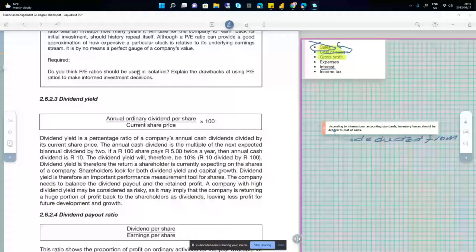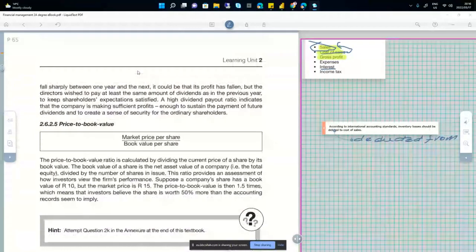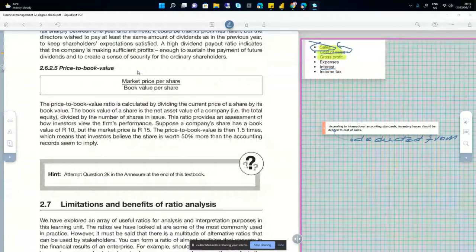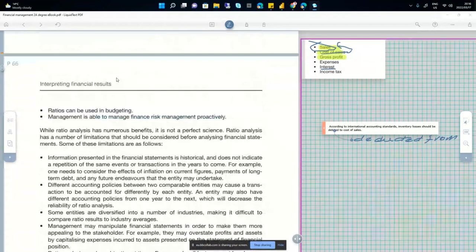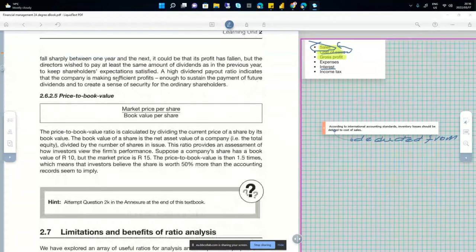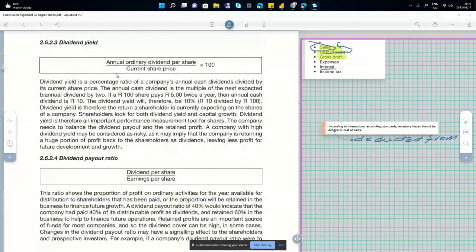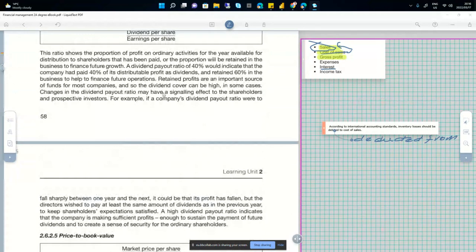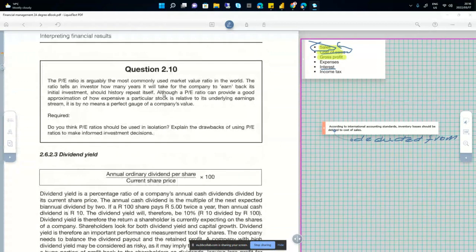When it comes to the dividend yield and the dividend payout, which is almost at the level of unit 2, I think that next week I might send another audio on this particular point, just to cover some of these points. But a quick read should give you all that is needed.